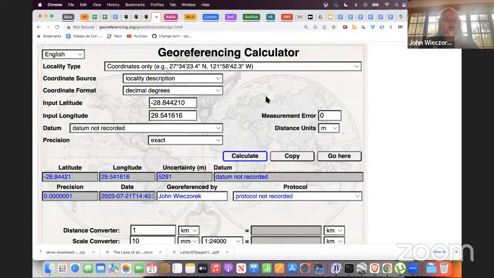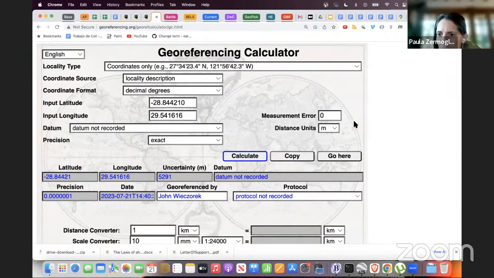Does that help explain why that one's so large? Okay, great. Yeah, it was about the datum.